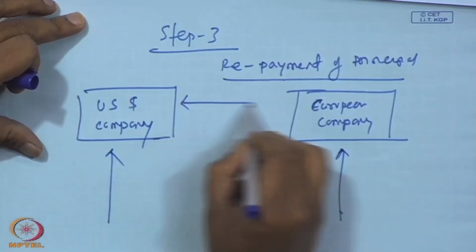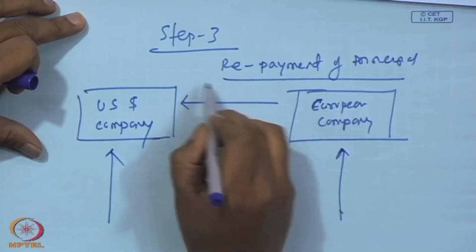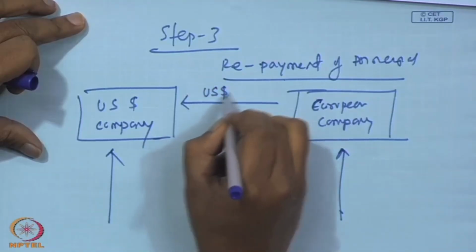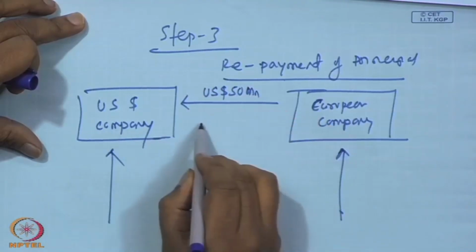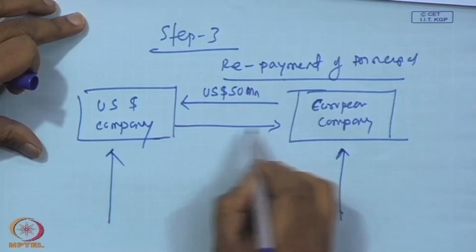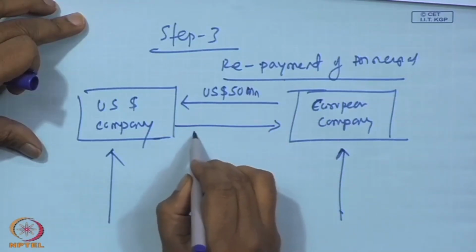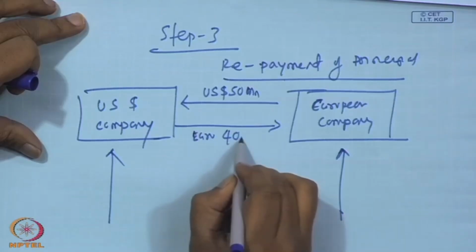In the principal transaction, the European company will repay US dollar 50 million, and the US company will repay euro 40 million.